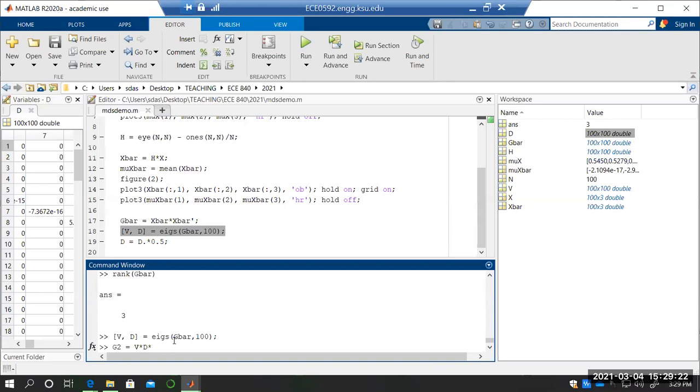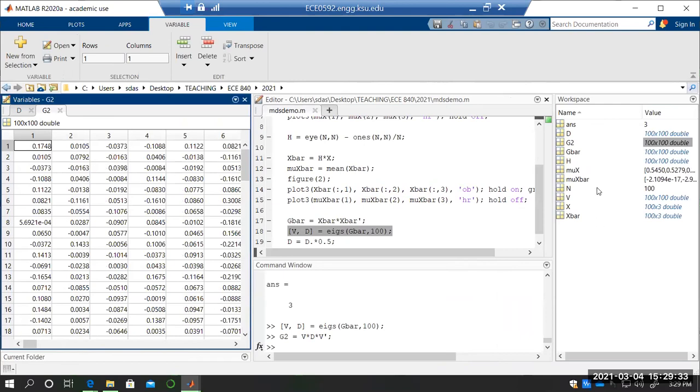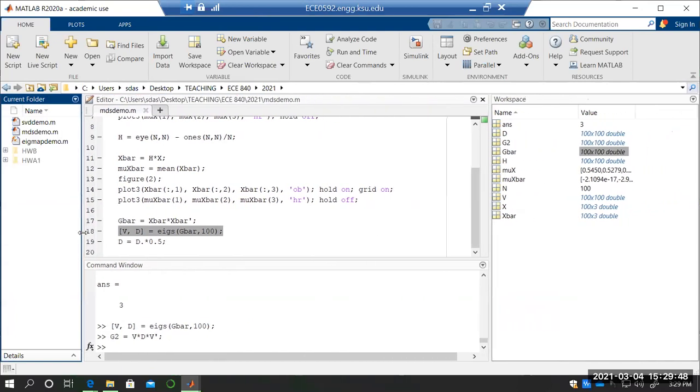Oh, V transpose. And this is G2 and this is G bar. Are they the same? G2 is the same as G bar, right? Yes. Okay.